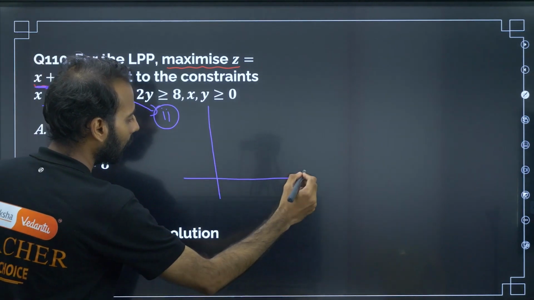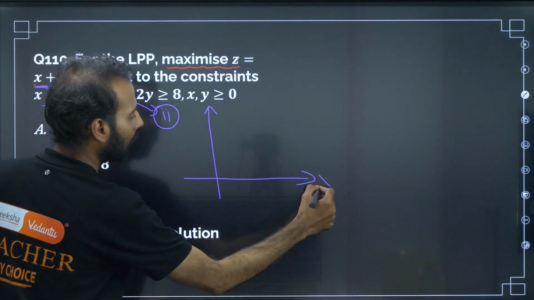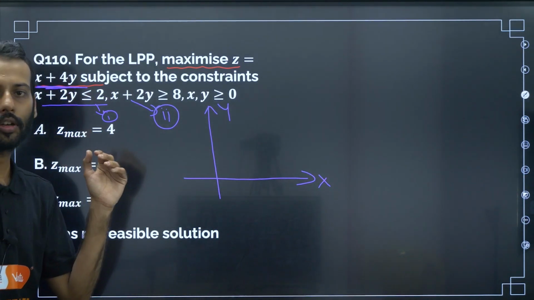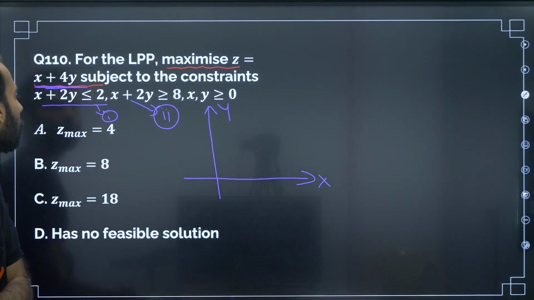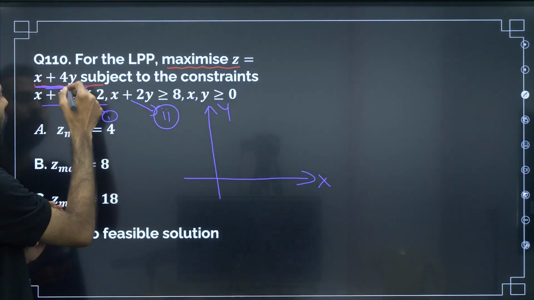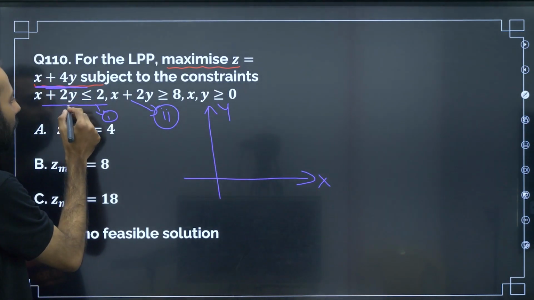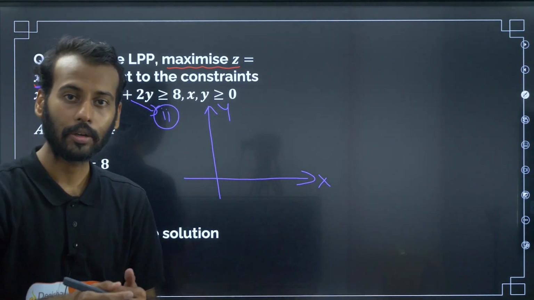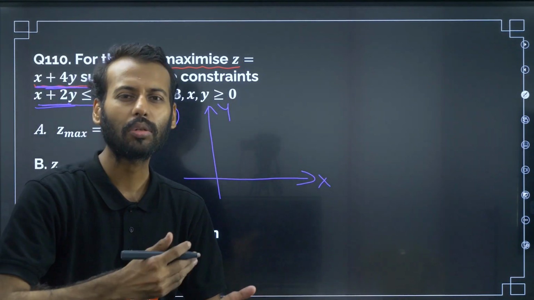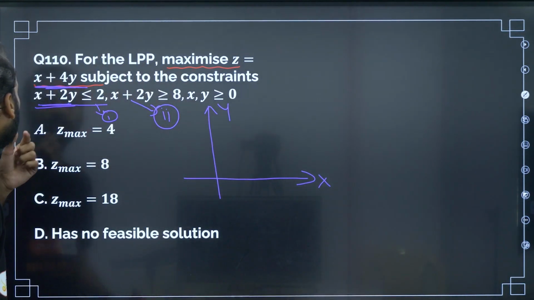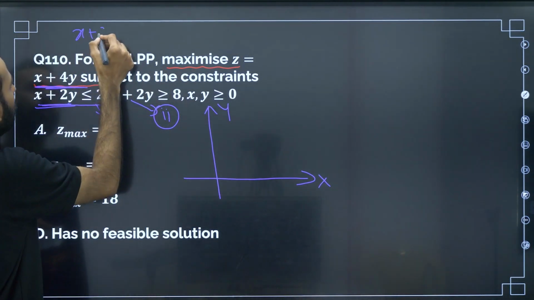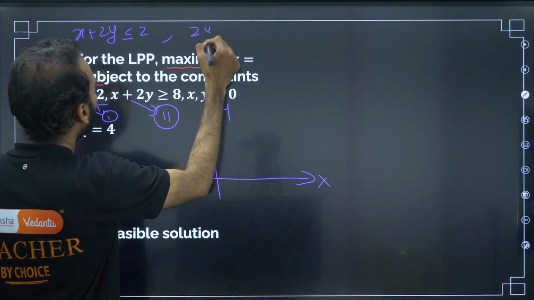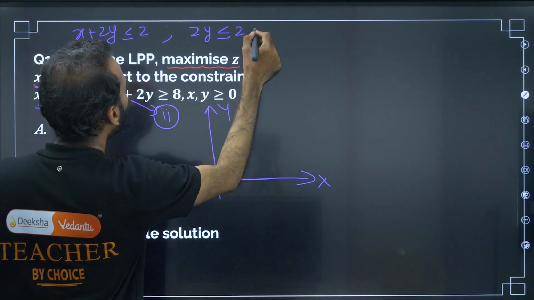So if I plot a graph of this x, y. See here x plus 2y. Just now I said whenever you see a linear equation, you should be able to calculate the slope. The slope of this line is minus 1 by 2. Try to understand. If you try to understand, you will understand. If you try not to understand, you will not understand. So x plus 2y less than or equal to 2 gives 2y less than or equal to 2 minus x.